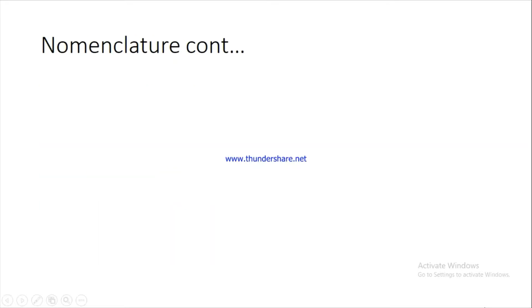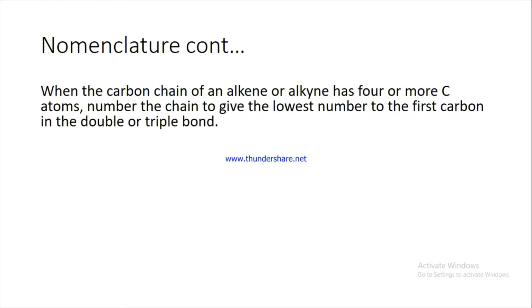So we're going to continue with the nomenclature of our alkenes and alkynes. The basic rules that we used in naming our alkanes are the same rules, except that here now we've got multiple bonds, which are very crucial in our naming.